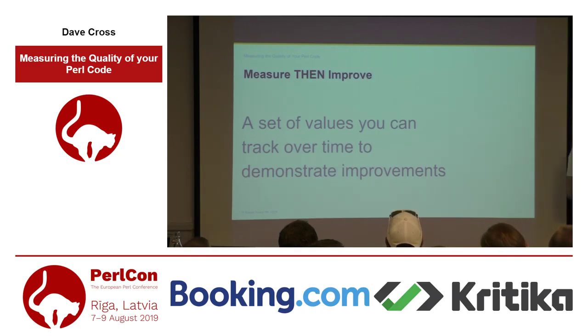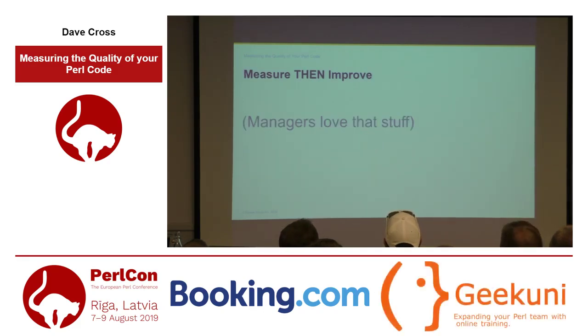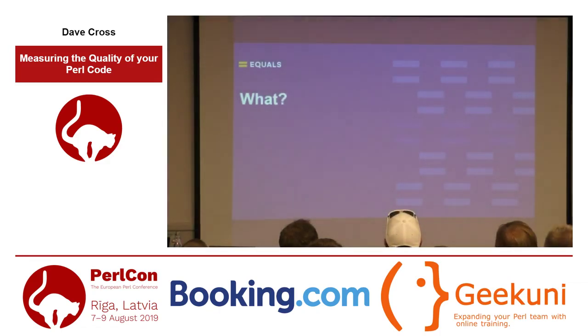What we're looking for here is a set of values that you can track over time to demonstrate the improvement in the quality of your code. Managers love all that stuff. Imagine if you could show your manager a graph that looks like this of the quality of your code improving every month. Okay, so that's a quick look at why we want to do this.